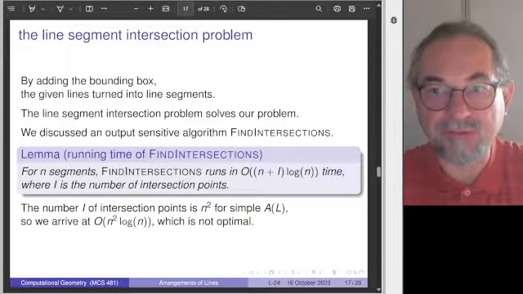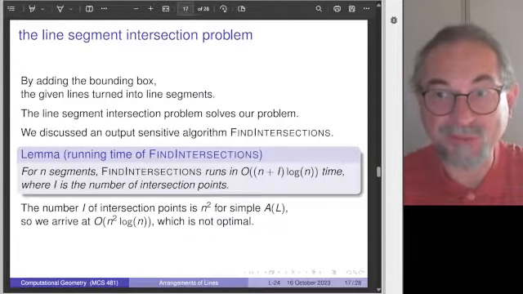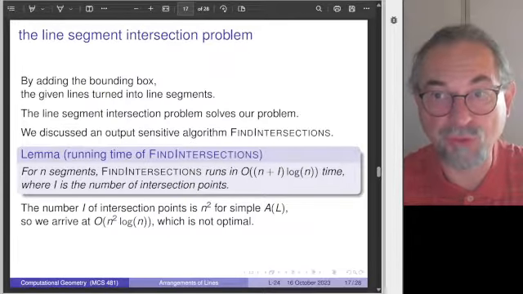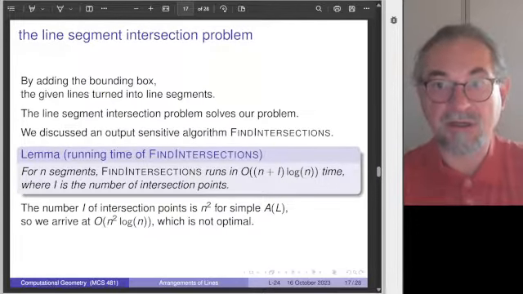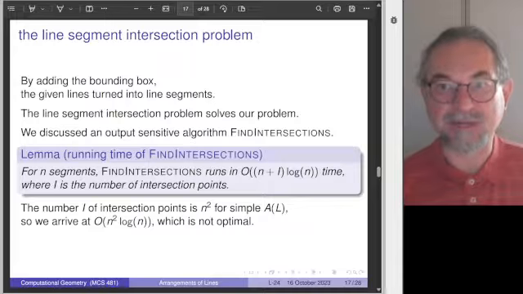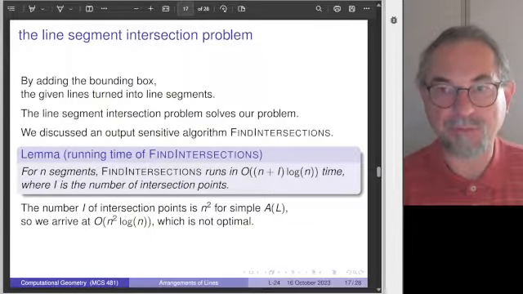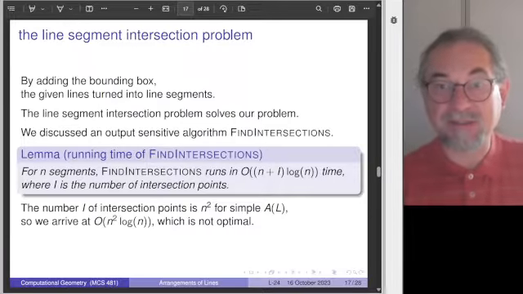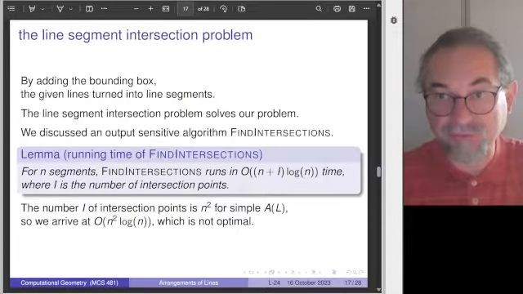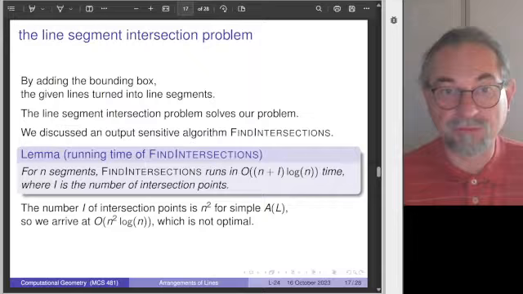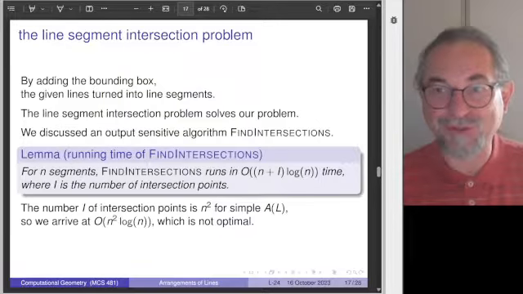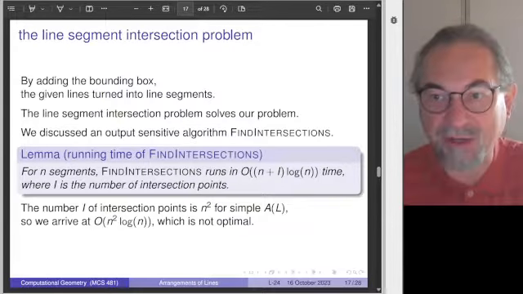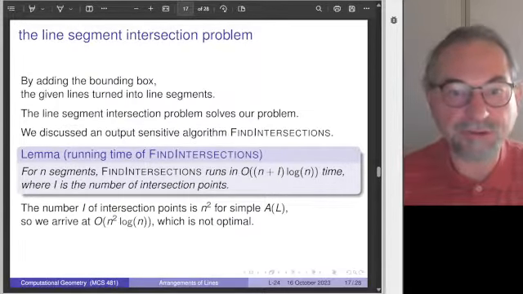So you could say, look, as a mathematician, we have already solved this problem. Can we reduce the lines intersection problem to the line segment intersection problem? Mathematically, you could say, well, you can probably do this. But before we start adjusting our code, let's think about the cost.